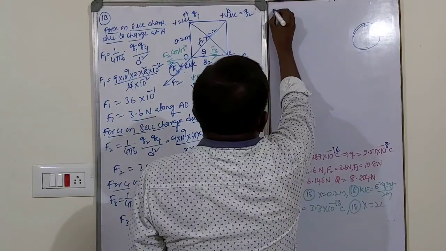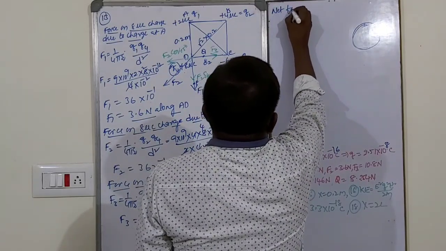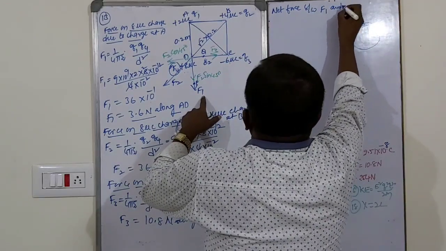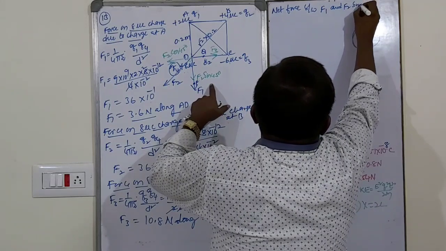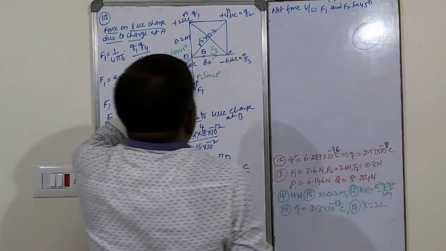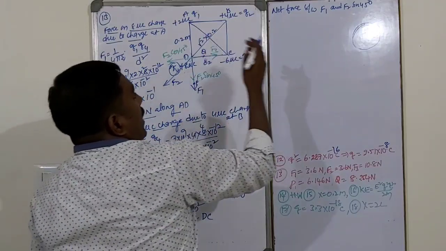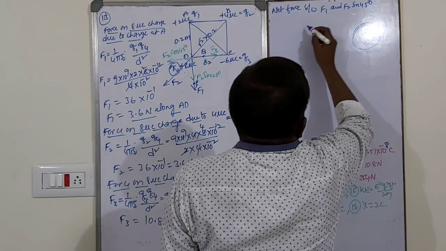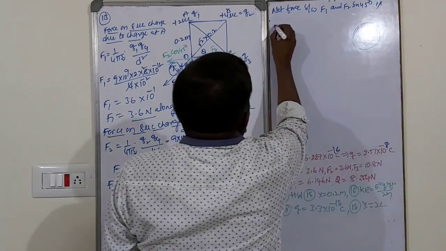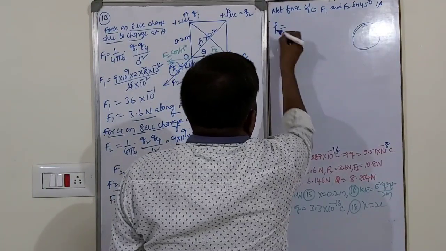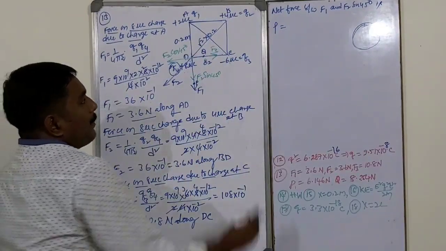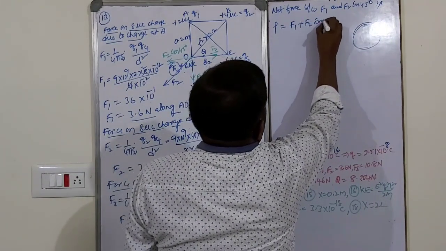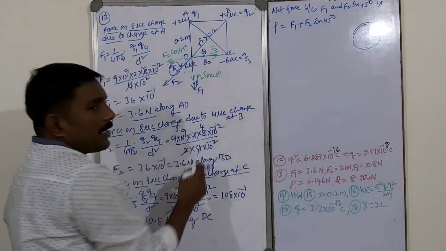The resultant or net force between F1 and F2 sin 45 degrees: these two act in the same direction, so they can be added. The resultant force P is equal to F1 plus F2 sin 45, because both are in the same direction and can simply be added.